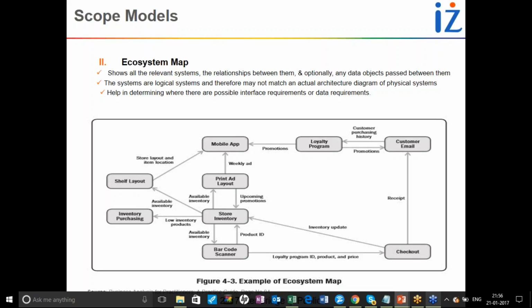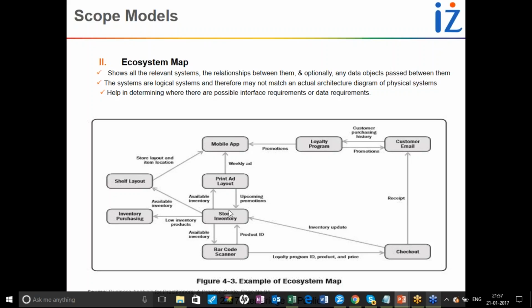Here you can see that whatever systems are involved are represented, and you are analyzing the top level data: at the time of checkout you are getting the receipt. So receipt generation is there, and the inventory update is there when you are doing the checkout, and the product ID is going to the store inventory.